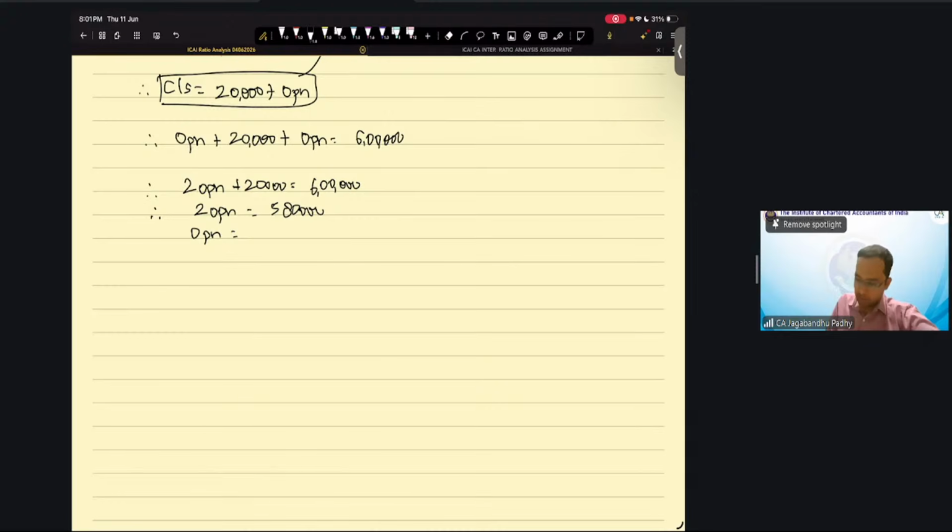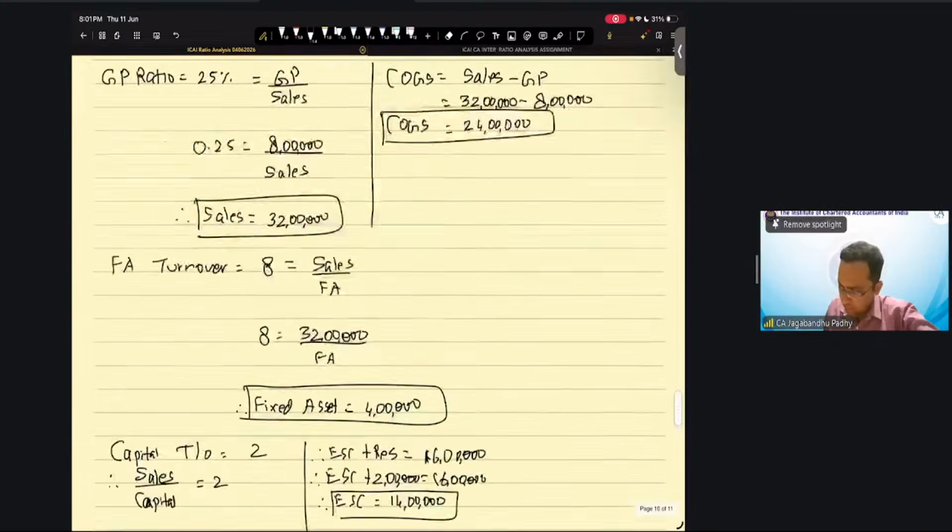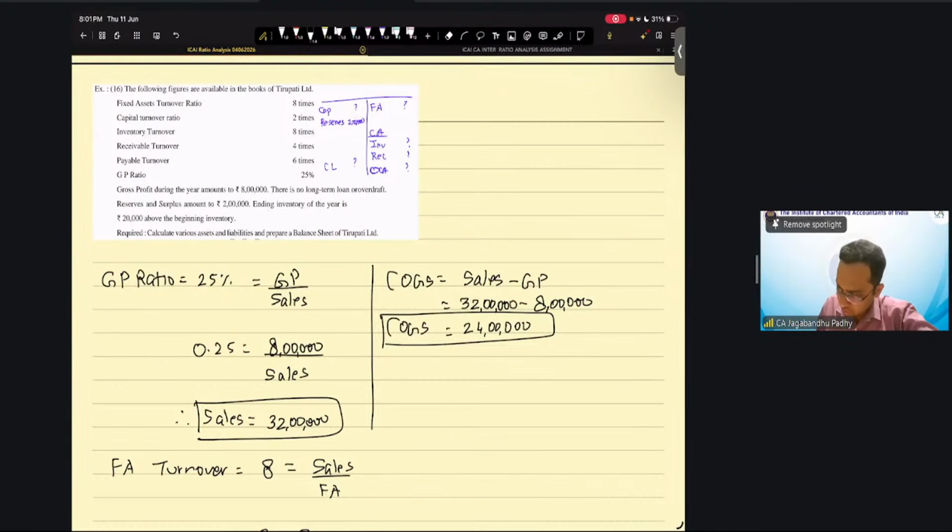What will be the opening inventory? 2,90,000. And closing inventory will be 3,10,000. So 3,10,000 is the value of closing inventory we got. So we are done with opening and closing inventory.